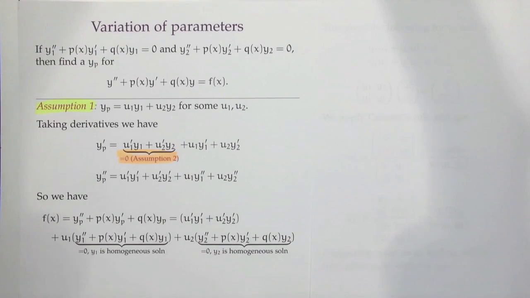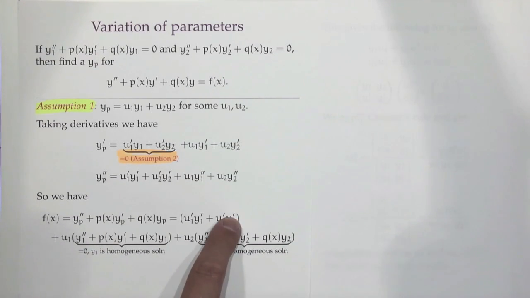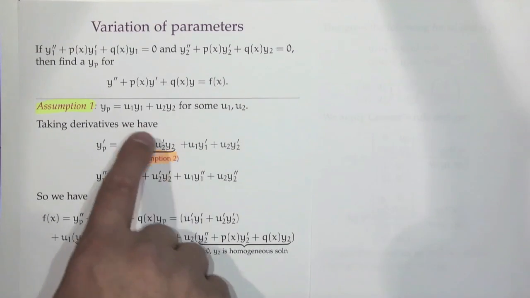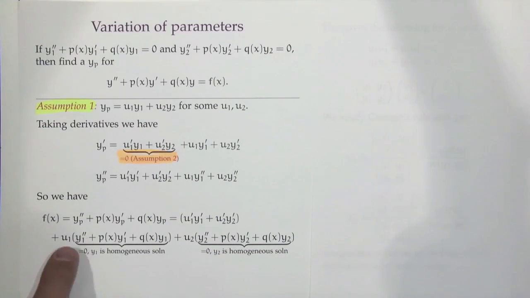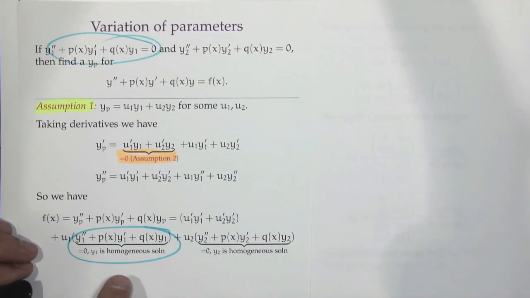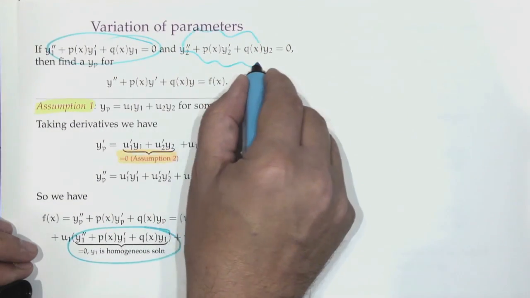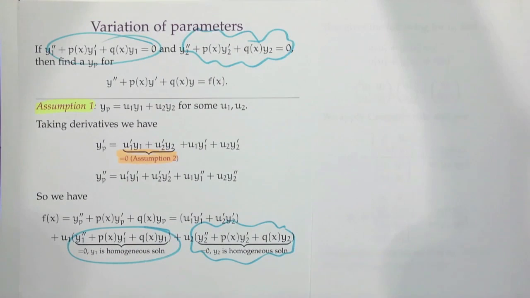So you plug it in, gather, and you see, aha, I have this part right here, which is actually coming from that part. And then everything else has a u1 or a u2, and you gather, and you say, oh, this piece matches up here, so it's 0. And this piece matches with what's up here, so it's also 0. And so we say, great, what does that lead us to?